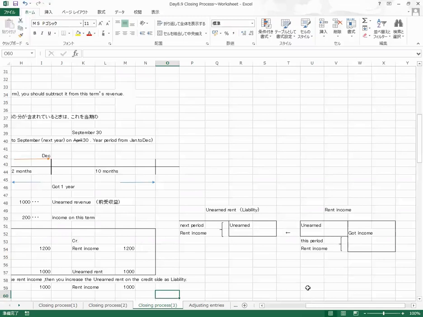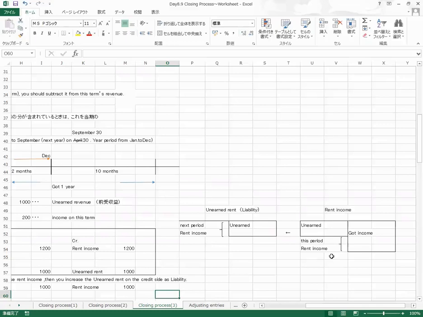So the final journal entry is a little bit different because it goes to the liabilities, and expense goes to the expense. But the way of thinking is the same.